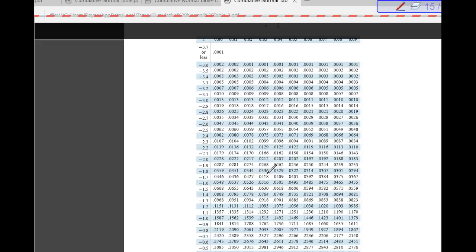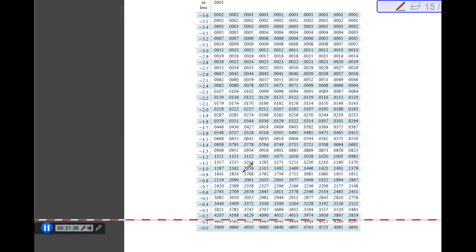Let me get that back on my screen. So right here I have 0.1314 and 0.1292. I cannot find 0.13 exactly.